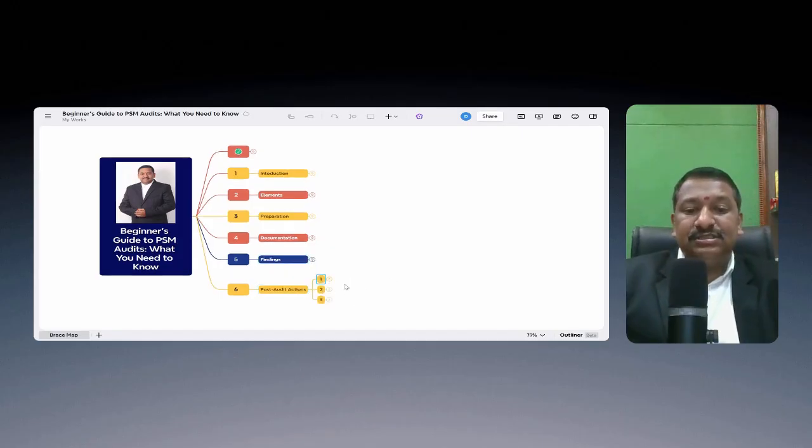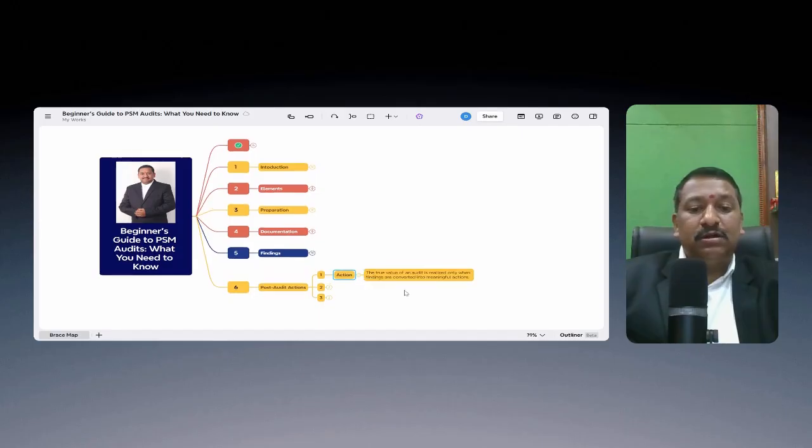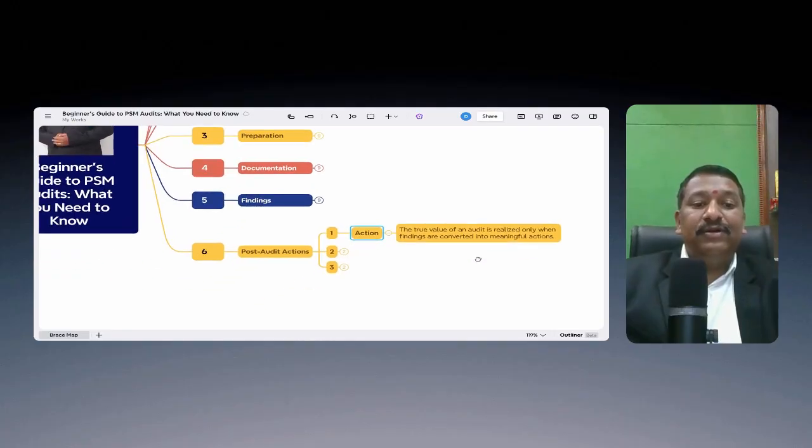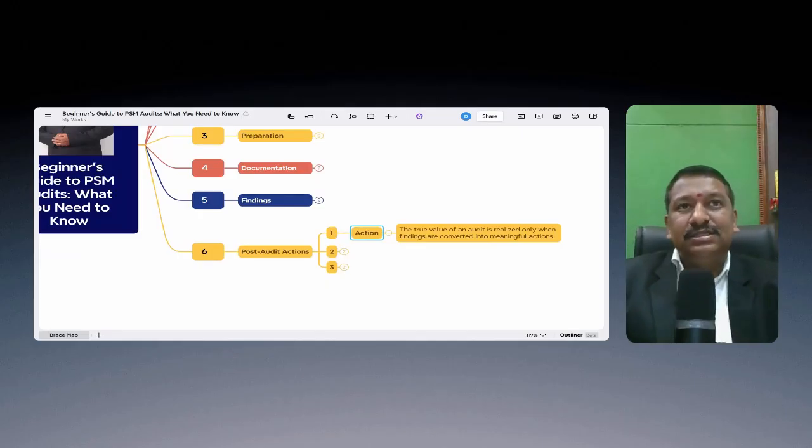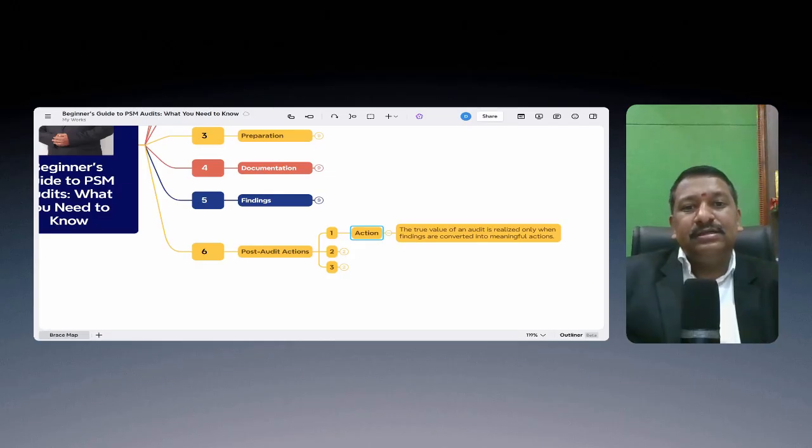Then post-audit actions are very important. The true value of the audit is realized only when the findings are converted into meaningful actions. Means, if the audit is conducted and actions are not taken, then there is no value in conducting the audit.